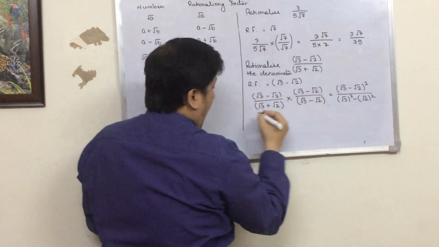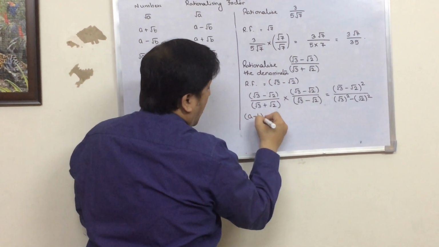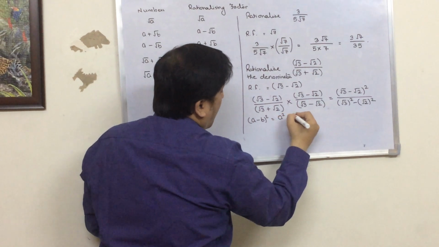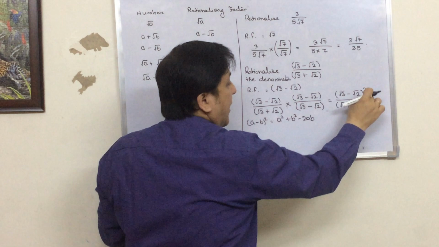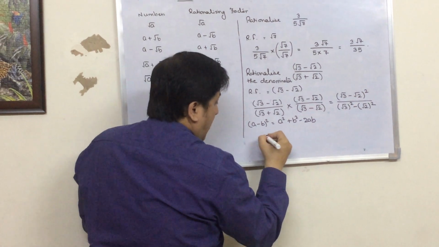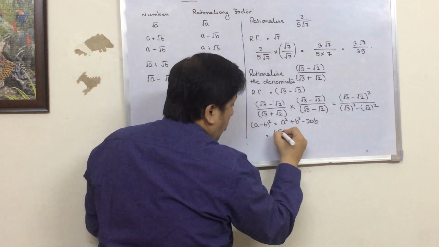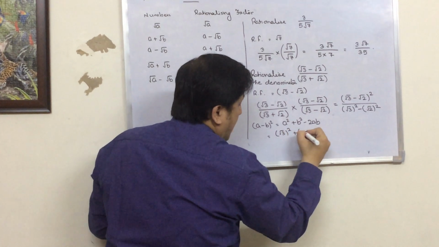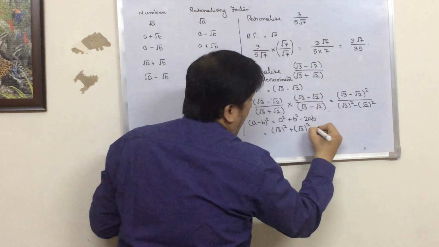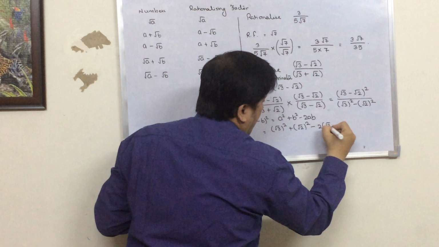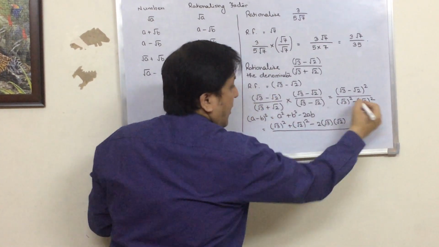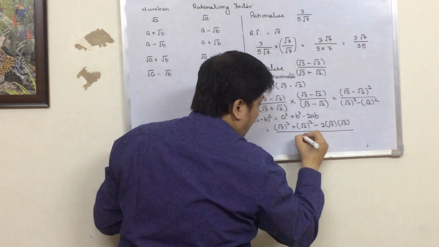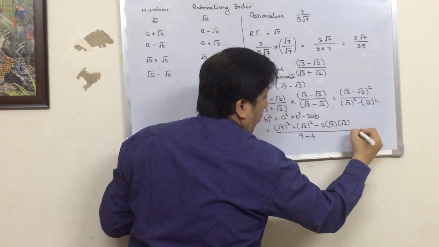Now the formula for a minus b whole square is a squared plus b squared minus 2ab. So we apply this formula in the numerator and we get under root 3 whole square plus under root 2 whole square minus 2 root 3 into under root 2, divided by, in the denominator, 9 minus 4.